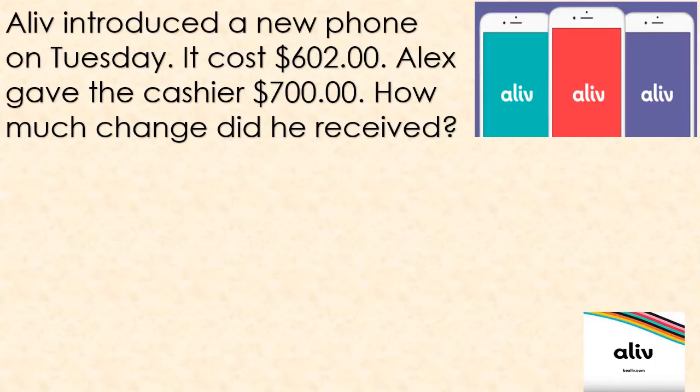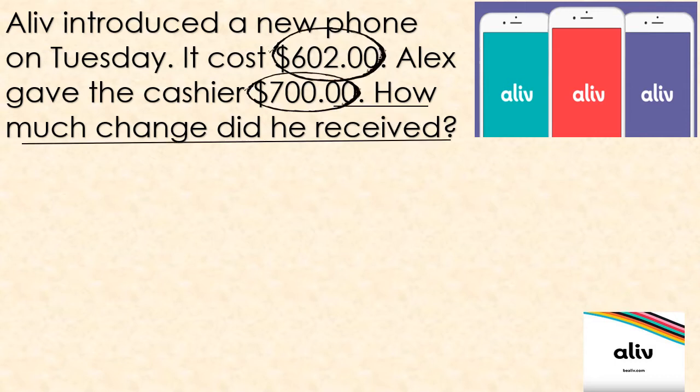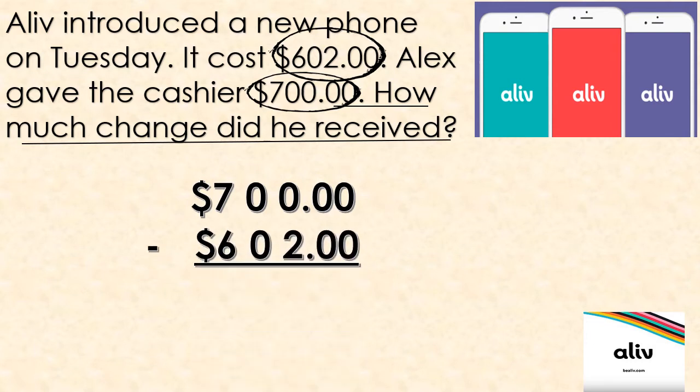Alive introduced a new phone on Tuesday. It cost $602. Alex gave the cashier $700. How much change did he receive? So here we need to find out how much change Alex received, so we will subtract. $700 take away $602.